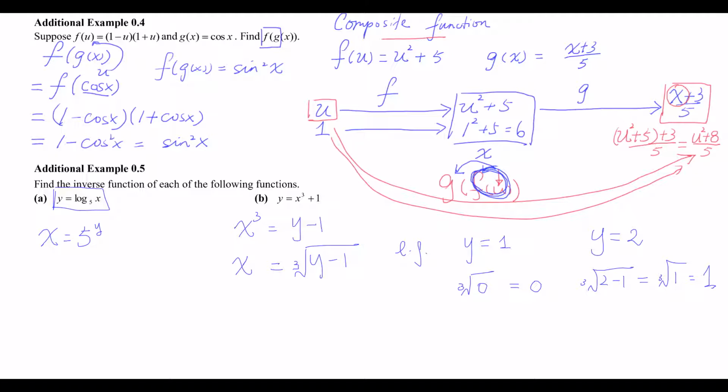You can verify with some other values. Of course, this is not a formal proof, but if you want a more formal one, you can sketch or plot the graph of the cube root of y minus 1. Then you can check that if you input one value for y, you get one value for x, and therefore this is a function, and we will accept this as our inverse function.